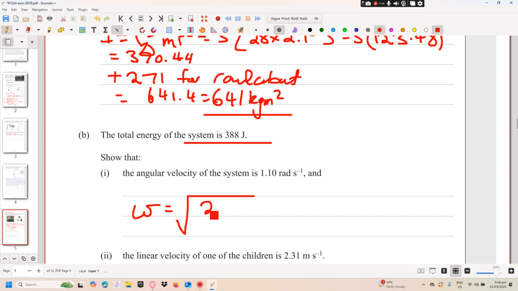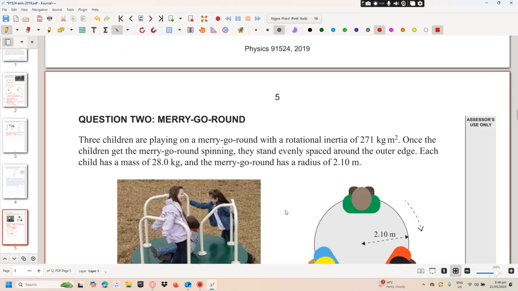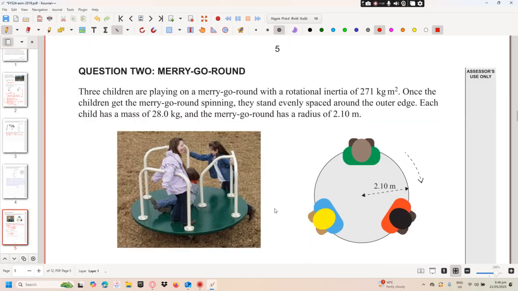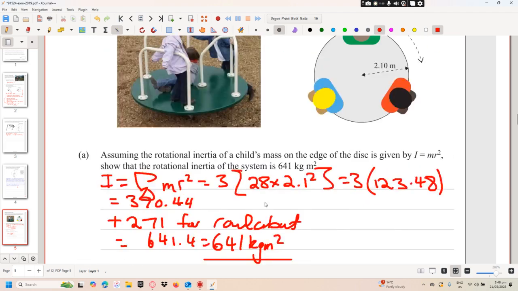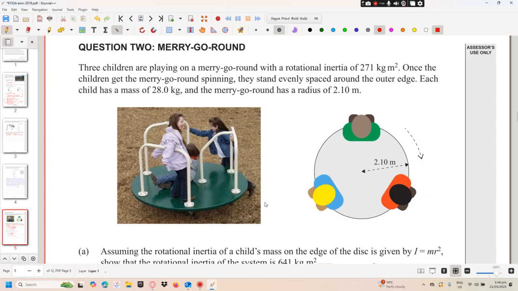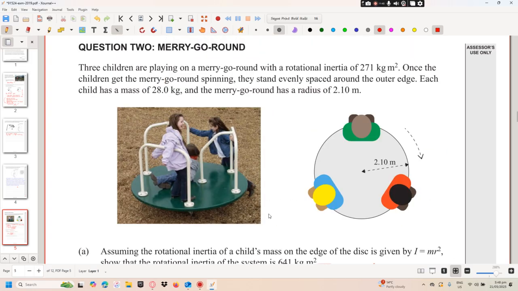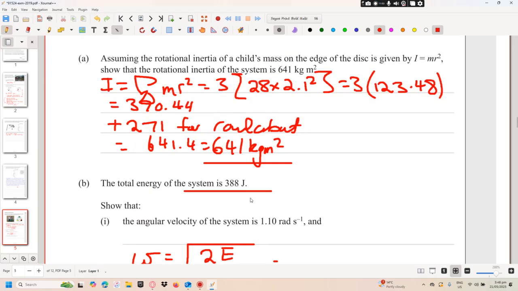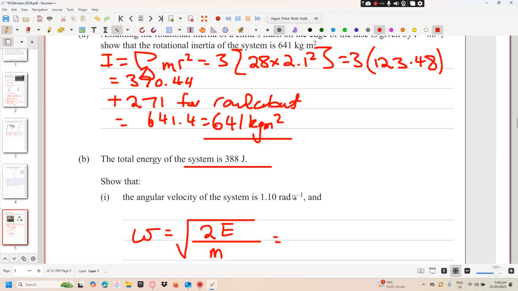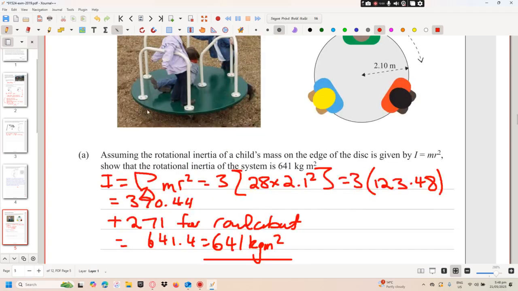Okay, so this should be the square root of 2E divided by m. I'm assuming weightless. 2 times 388 on m. Total energy.